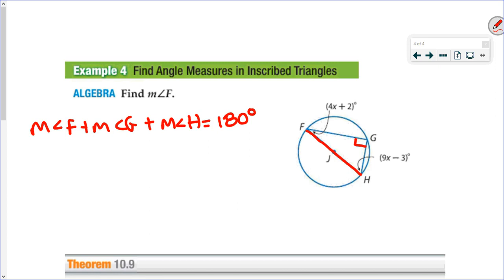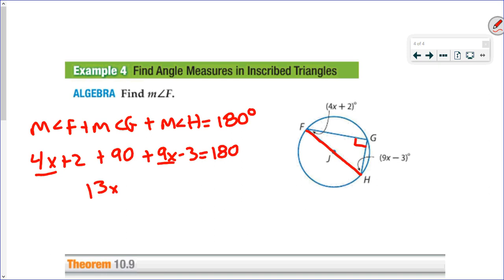So by substitution, 4x plus 2, that's angle F, plus we know angle G is 90 degrees, plus angle H is 9x minus 3. All of this should equal 180. Combine like terms: 4x plus 9x is 13x, 2 plus 90 is 92, minus 3, so plus 89 equals 180.